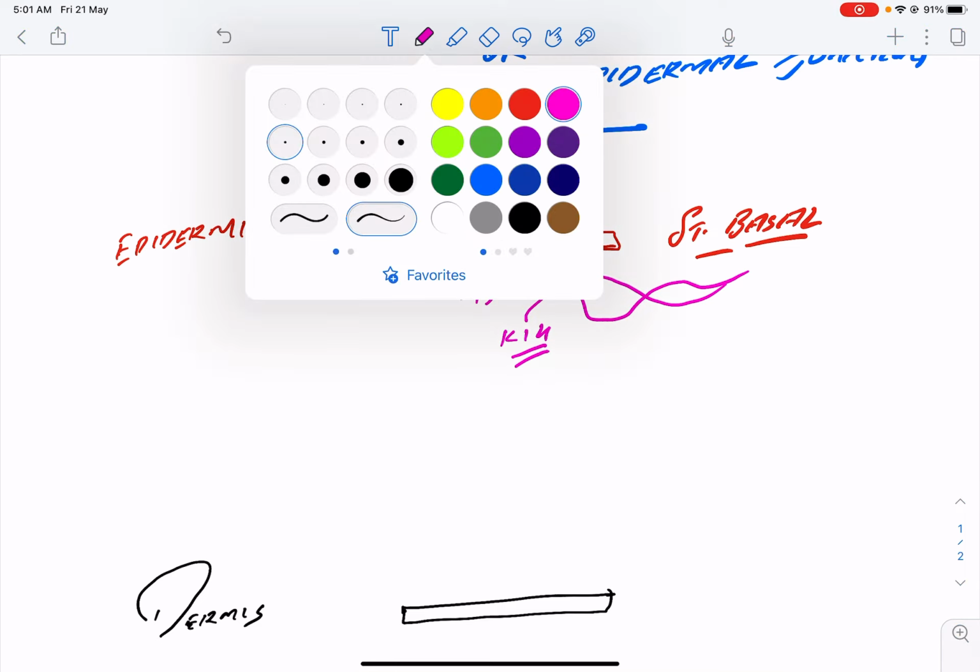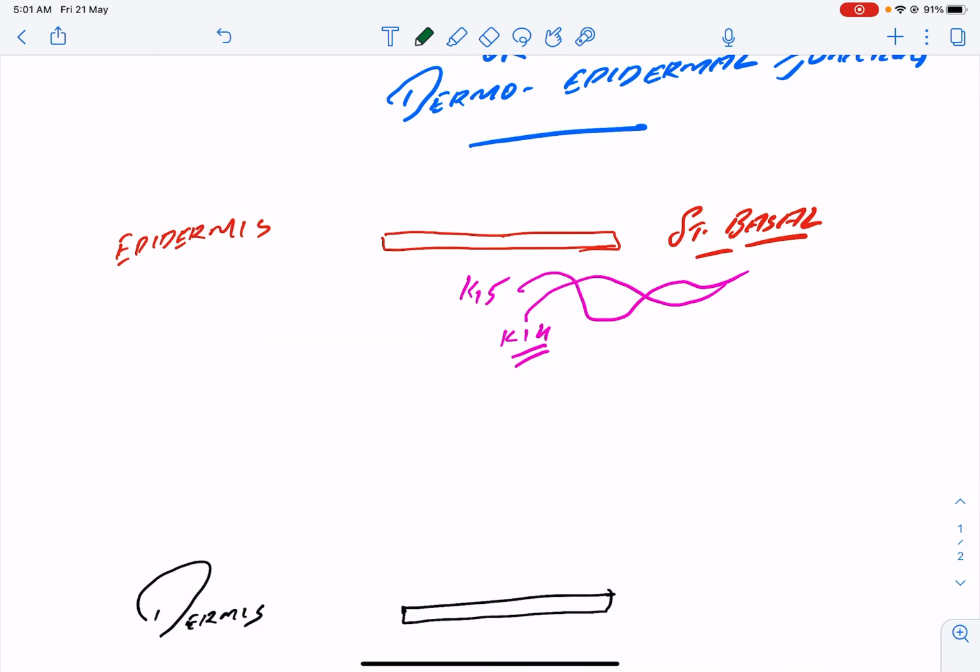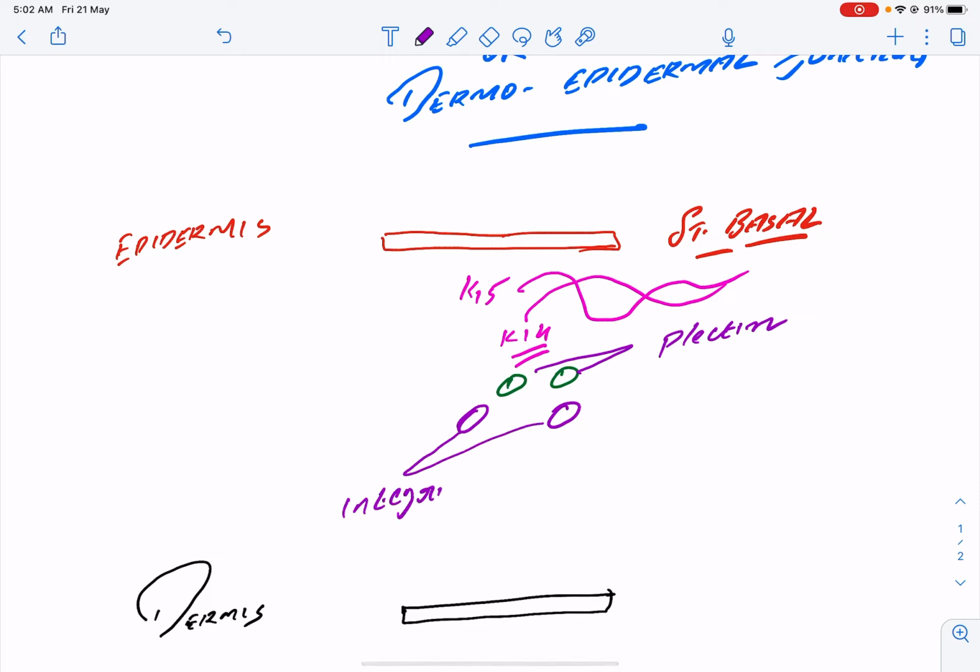After that, we can see 4 proteins structurally. This is called plectin, and this is called integrins.